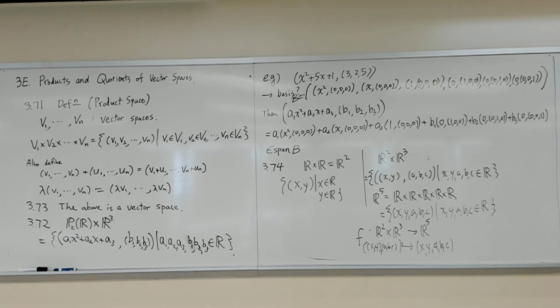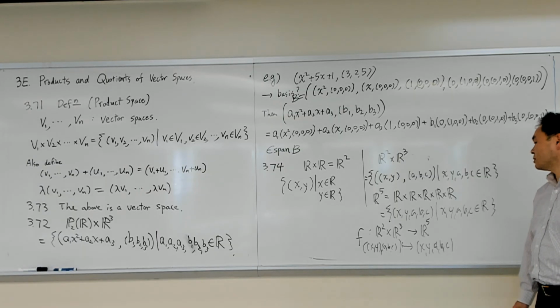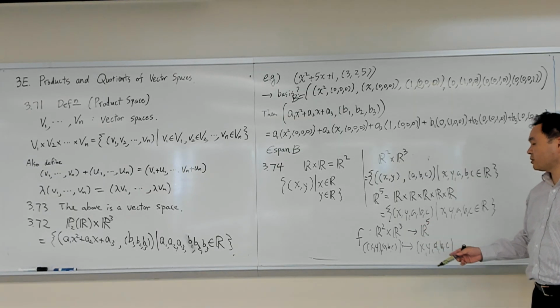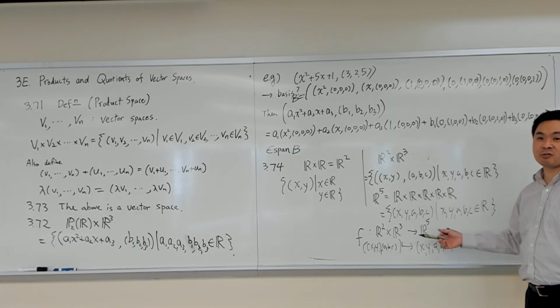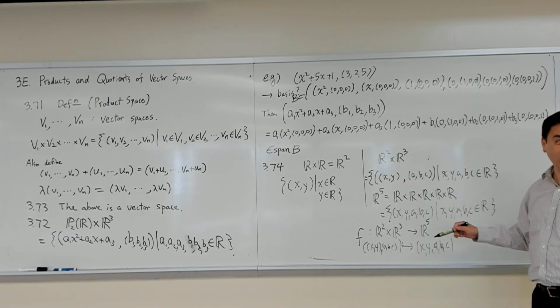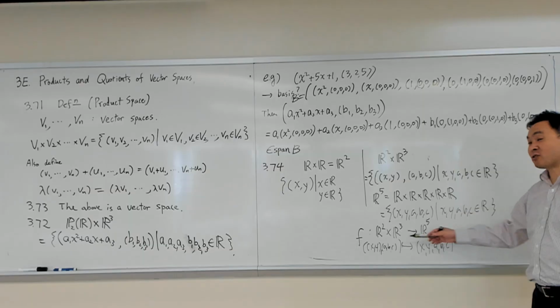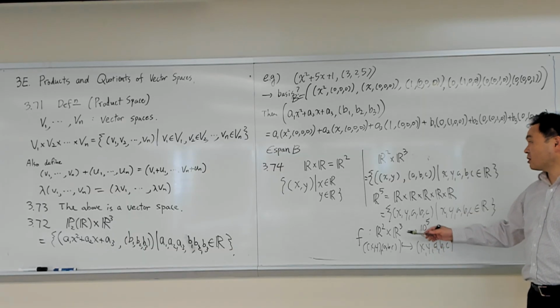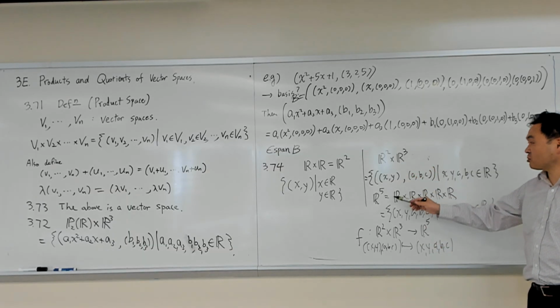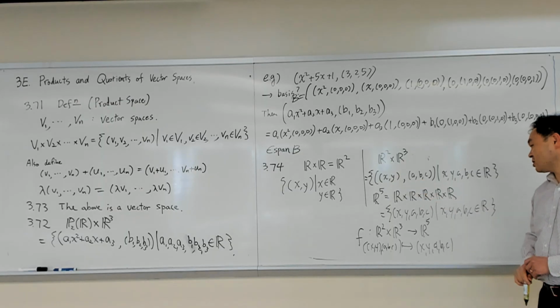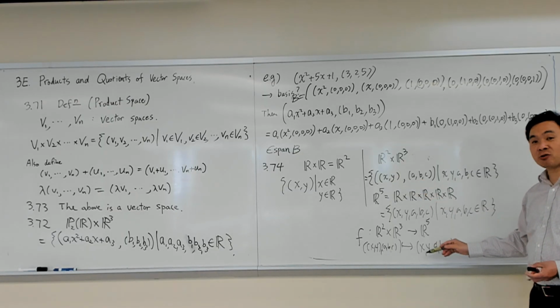Okay. Then this is both injective and surjective. So this is what we just learned in the previous section as an isomorphism. Okay, so there's an isomorphism between these two vector spaces, and you can even say this is a very natural one too.